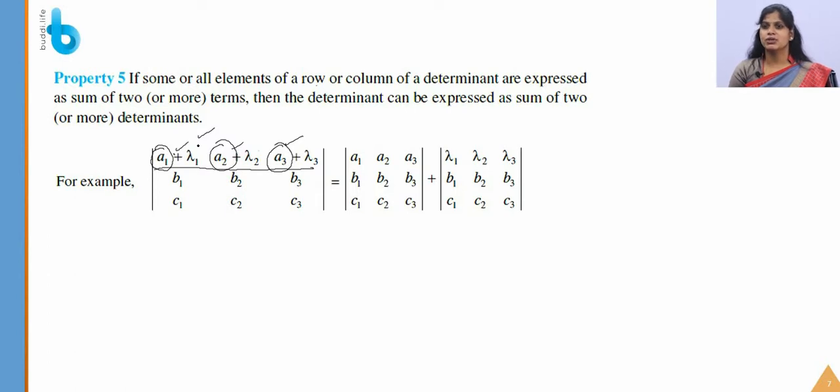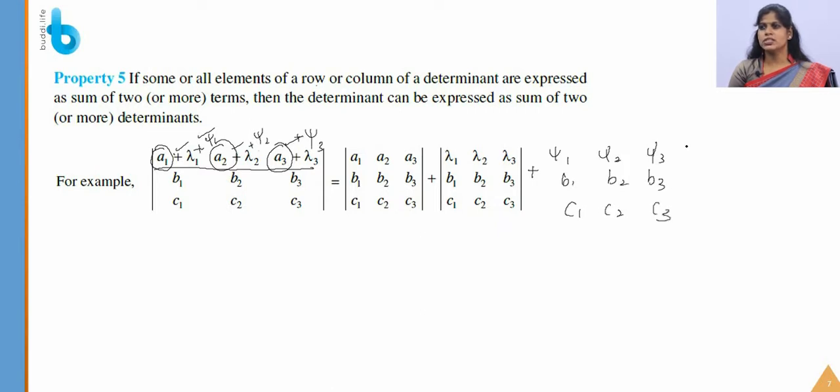If you have some other value, if you have psi 1, psi 2, psi 3, like that, if the elements are sum of 3 values, then you can write one more determinant, that is you can express the determinant as a sum of 3 determinants. Like this you can express.